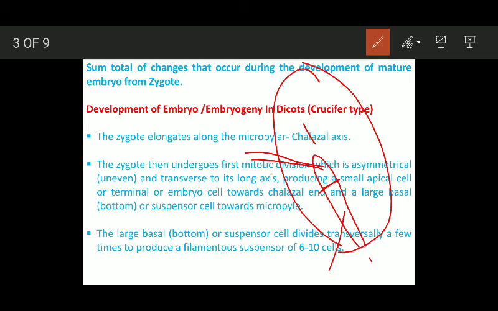This large basal cell, which is located towards the micropylar end of the embryo sac, divides transversely a few times and produces a filamentous suspensor of 6 to 8 cells.